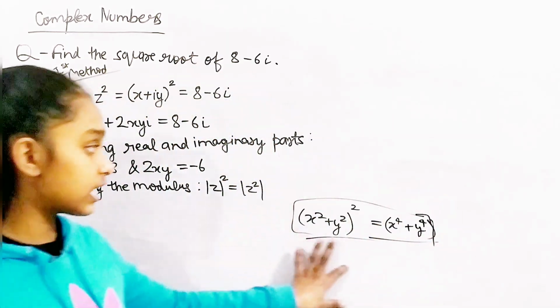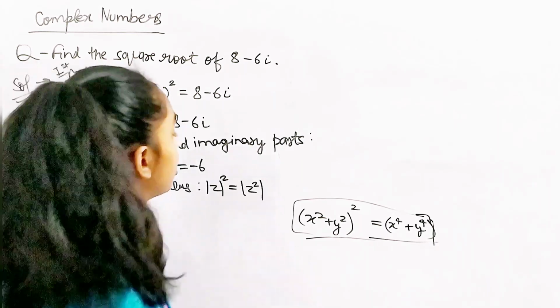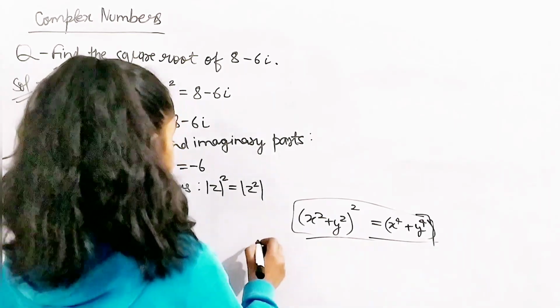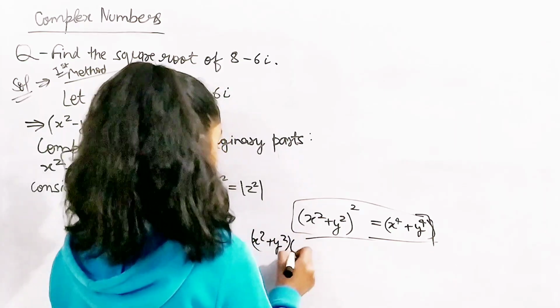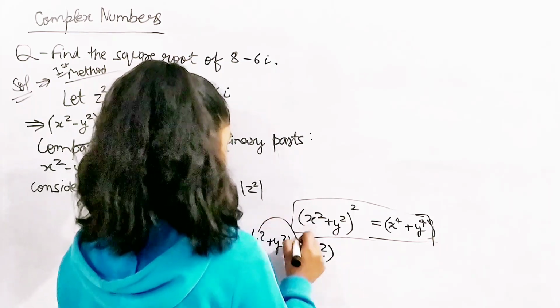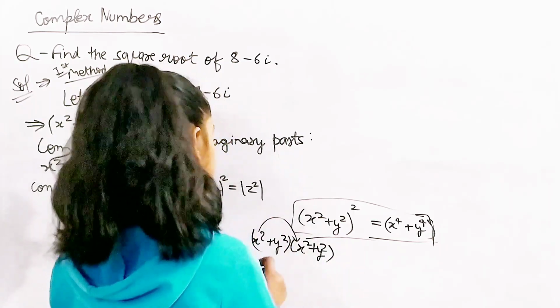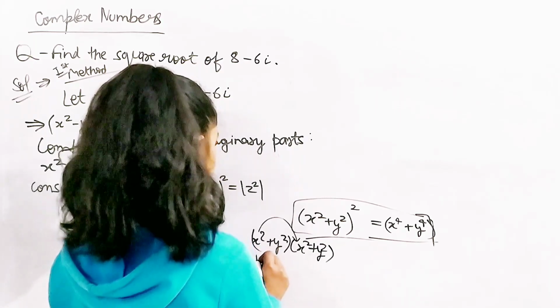It's like x squared plus y squared, and then x squared plus y squared again, so x squared with x squared gives 2x to the power 4.